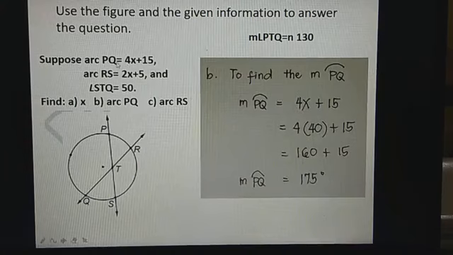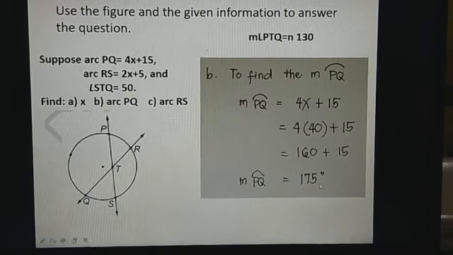Dito, ayan yung given kanina eh. Measure of arc PQ is equal to 4x plus 15. Then, let us replace x by 40. Nasolve natin kanina. 4 times 40 plus 15. Simplify. 4 times 40, 160 plus 15. Meaning, the measure of arc PQ is 175 degrees.